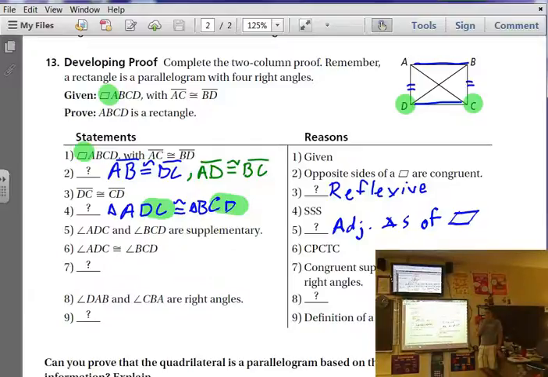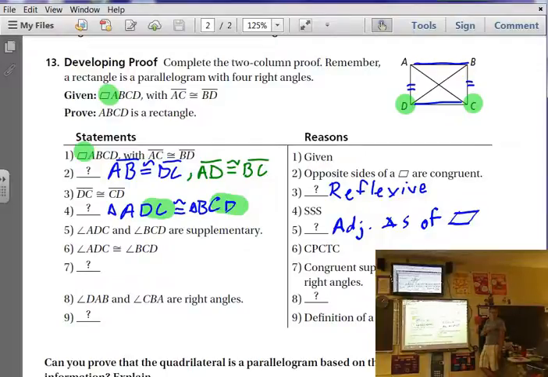Ethan? I said SSI. Yeah, it's a parallelogram. Yeah, you can do that because we have parallel sets. Then we use CPCTC. Then the next reason is congruent supplementary angles are right angles.